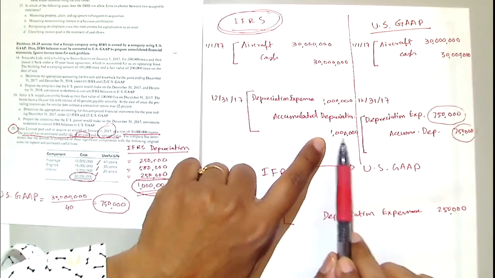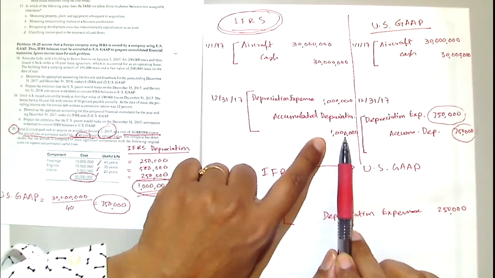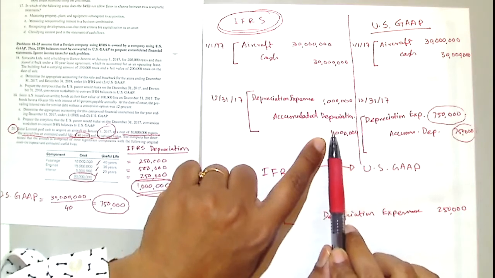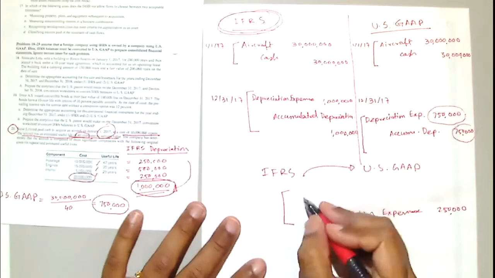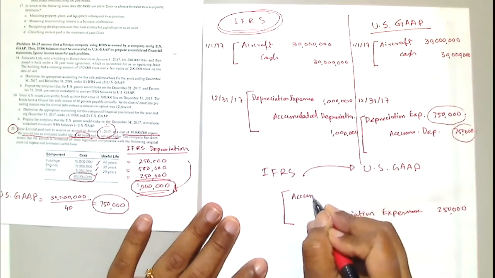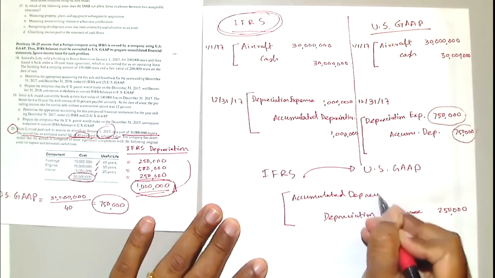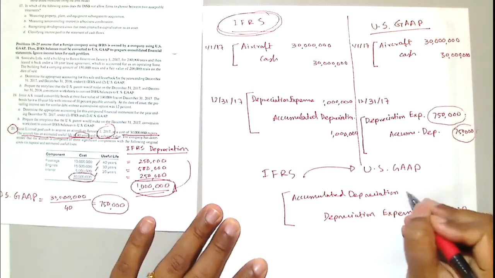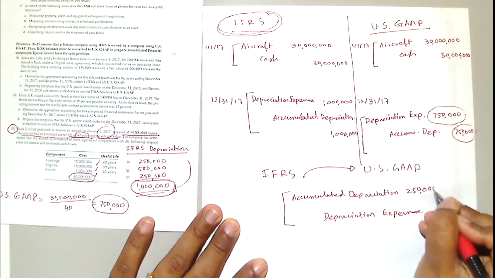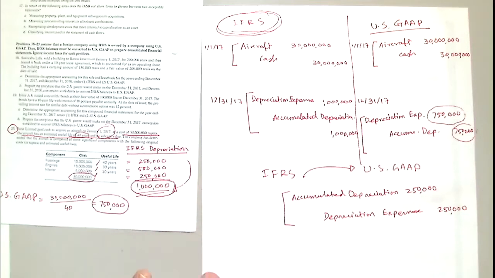Remember, accumulated depreciation is a credit item. It's a contra asset. So to reduce it, we're going to debit it. So we'll just do the reverse. That means we're going to debit accumulated depreciation. That's it. So that means the company was using IFRS. Now they want to use GAAP. So this is the conversion entry.